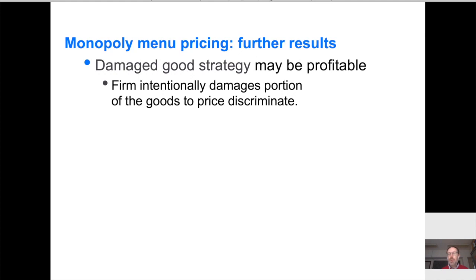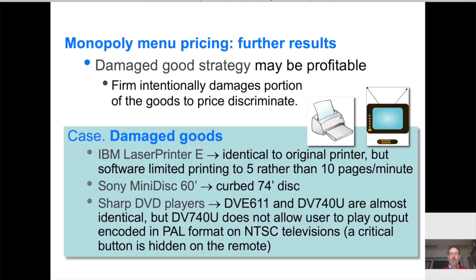Well, for the reasons we have just seen, to price discriminate. Because it would allow you to expand the market and target a product to those consumers that you wouldn't serve if you were selling just one product at a uniform price. And there are examples of what is called damaged goods. These are examples of things that you probably have never seen.